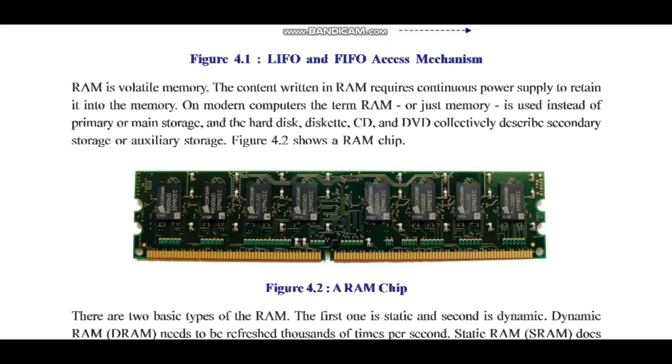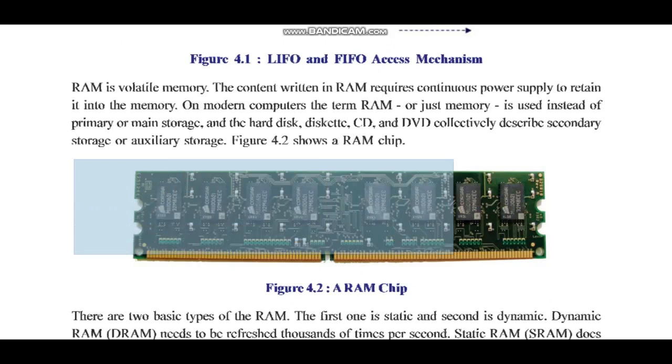On modern computers, the term RAM or just memory is used instead of primary or main storage, and the hard disk, CD, DVD collectively describe secondary storage or auxiliary storage. Now here you can see figure number 2 that shows a RAM chip. This is the image of the RAM chip.